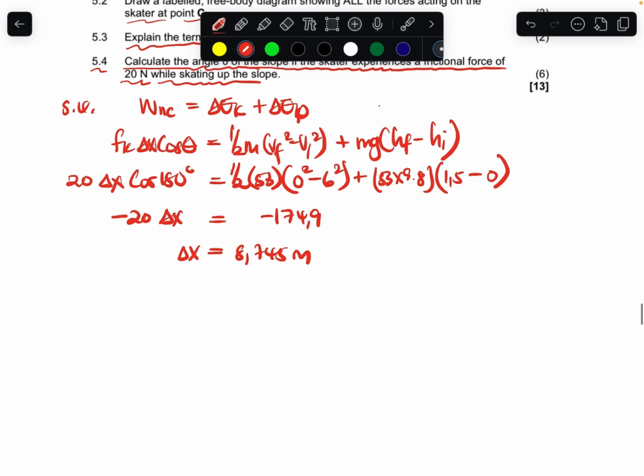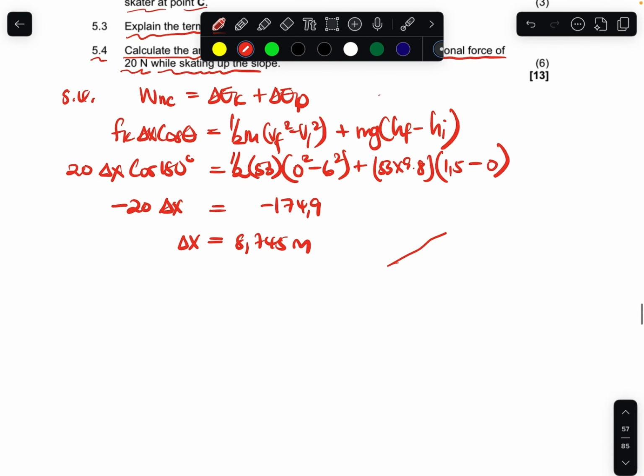You get the displacement first because you don't have the displacement and the angle. And then the next thing that we're going to do is a trig ratio. We have a height of 1.5 there, and we're looking for the angle. Now we got the displacement, 8.745 meters. That means it's our change in x.